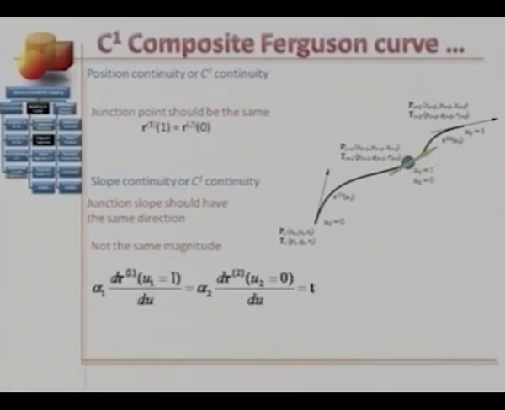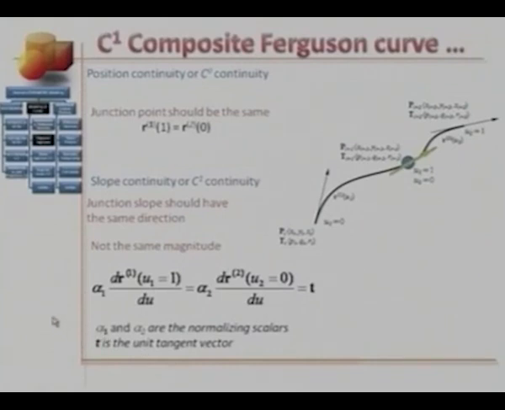In other words, if the first derivative of R1 with respect to its parameter u evaluated at u1 = 1 represents the slope for this segment here, and if the first derivative of R2 evaluated at u2 = 0 represents the slope for this segment, then alpha 1 times dr/du at 1 is equal to alpha 2 times dr/du at 0, equal to a vector small t, the unit tangent.